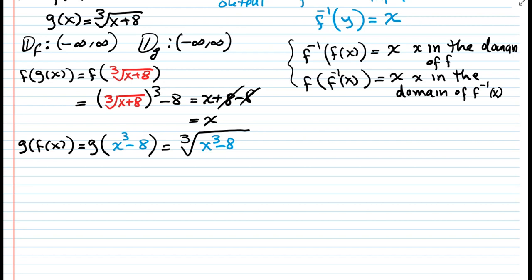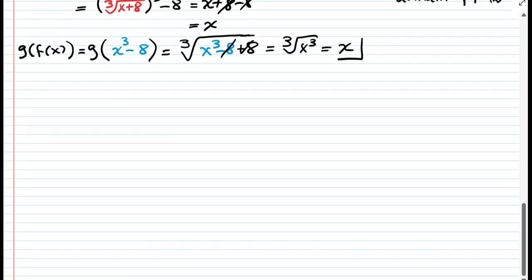And then it adds 8 to it before it takes the cube root. So it adds 8 to the input and then takes the cube root. That's going to be cube root of x cubed, and no need for absolute value here. With again, cube root, fifth roots, and so on, we don't need absolute value because x could be positive or negative. And there we have it. So we did confirm that the composition in both directions gives you the identity function.